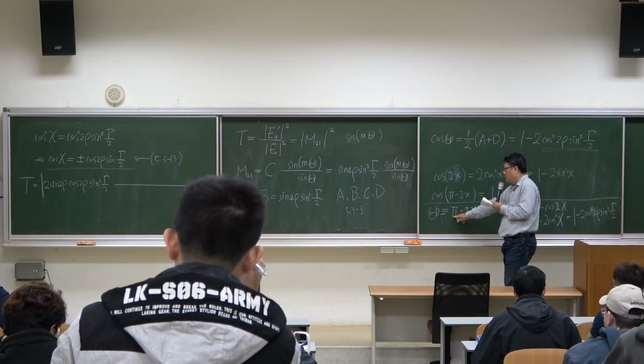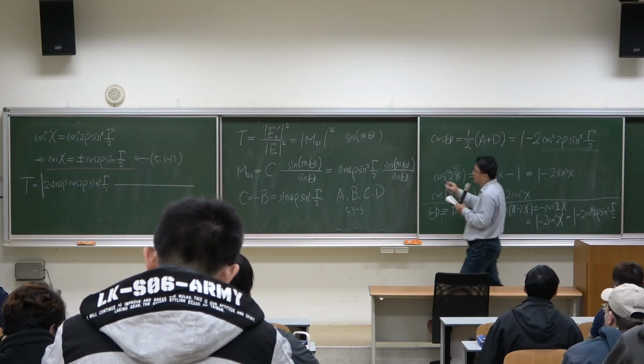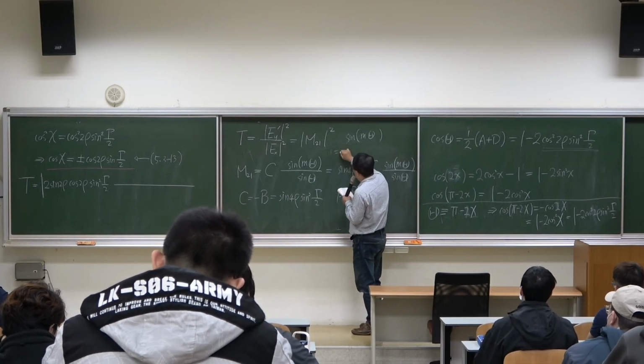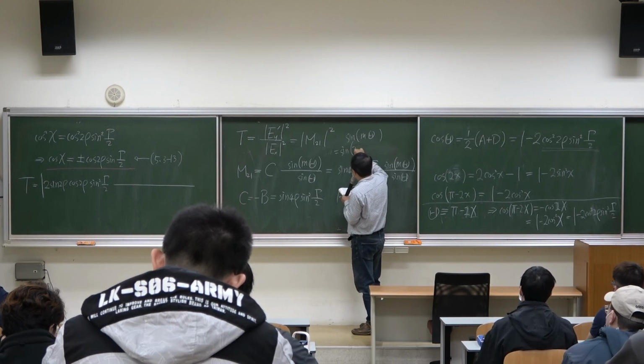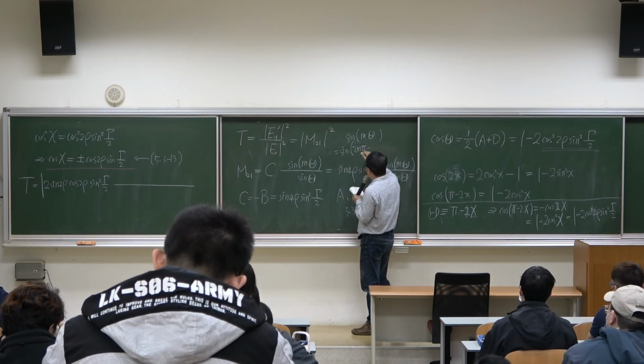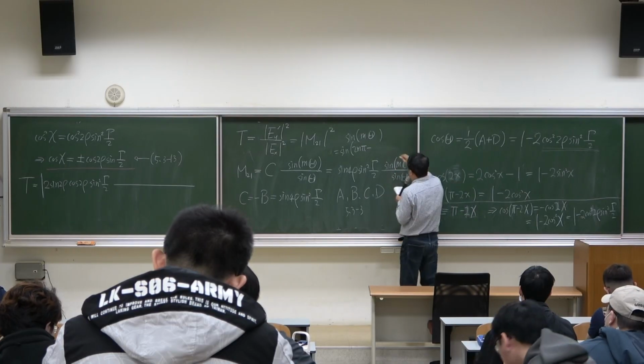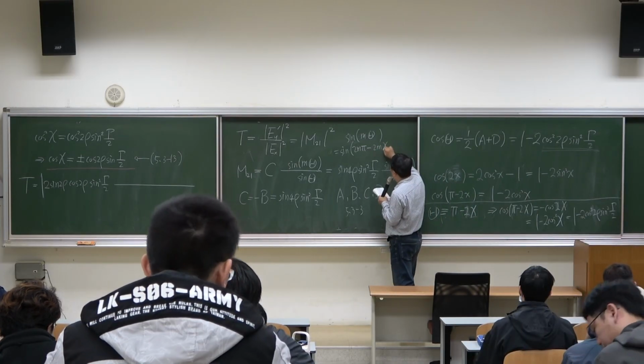Since theta is equal to pi minus 2 chi, this is equal to sine 2m pi minus 2m chi.